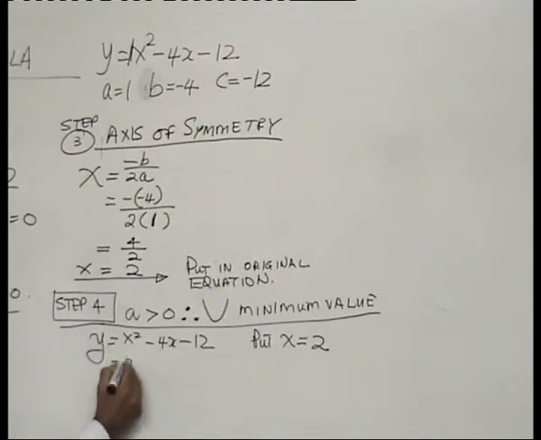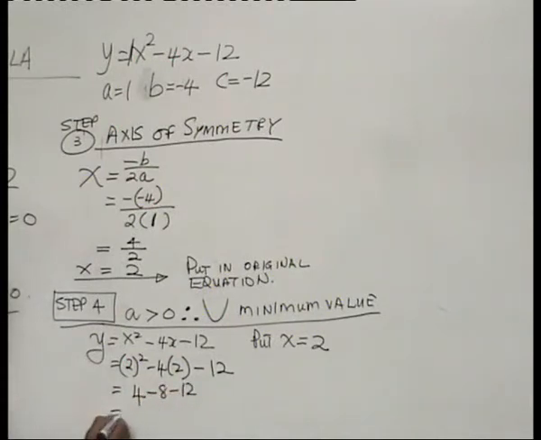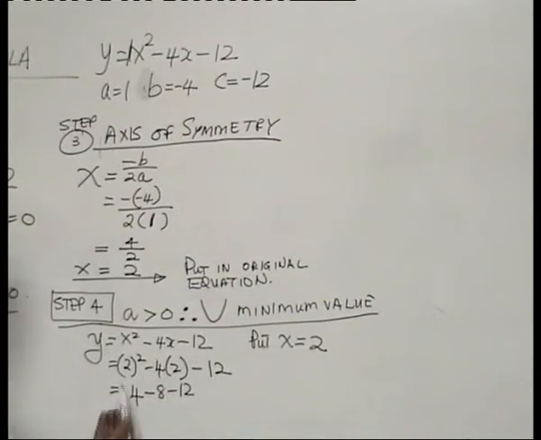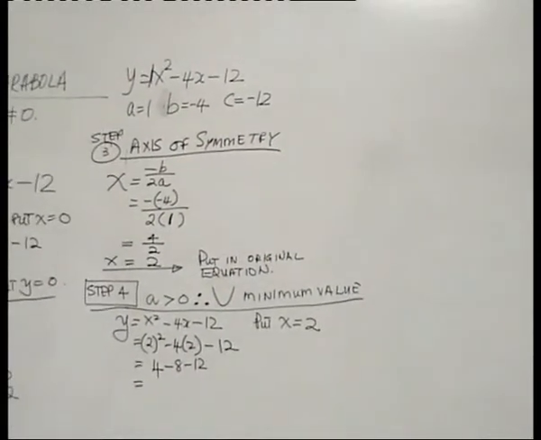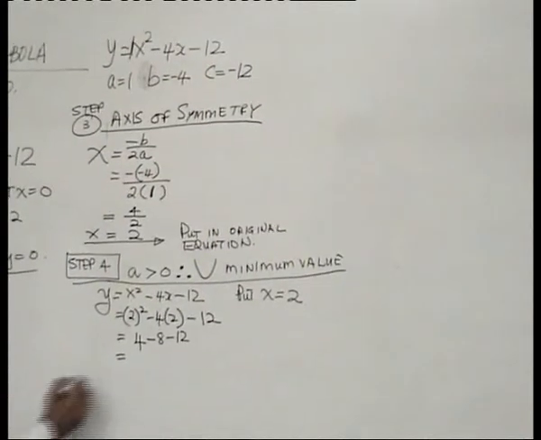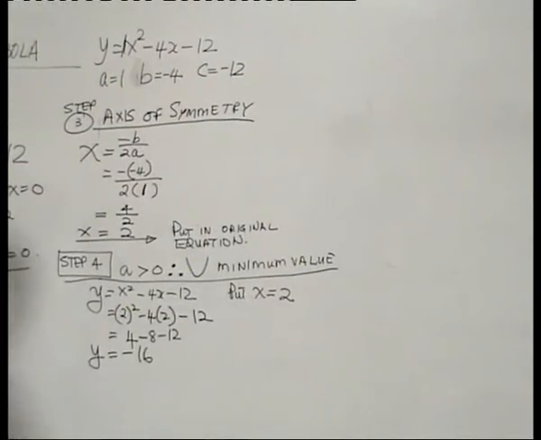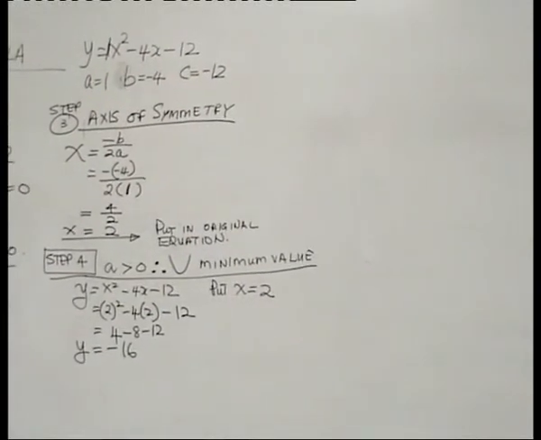So this will be 2 squared minus 4 into 2 minus 12. That gives you 4 minus 8 minus 12. I'm just doing it step by step, but you could have put it in your calculator. That will give you minus 20 plus 4, minus 16. So your minimum value is minus 16.